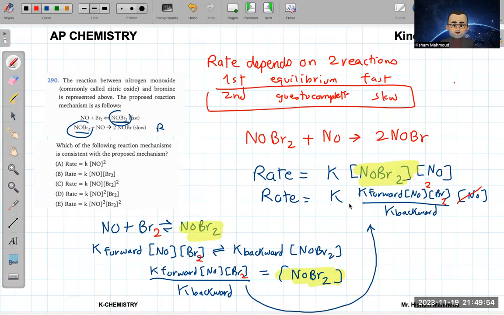So I can remove this one and a ratio of forward to backward and say something new called K dash. What is K dash? The K dash represents everything. The K of this one and the K of the forward and the K backward. It will be one constant for all of them. And put now NO squared and PR2 to the power of 1. This is the new rate.